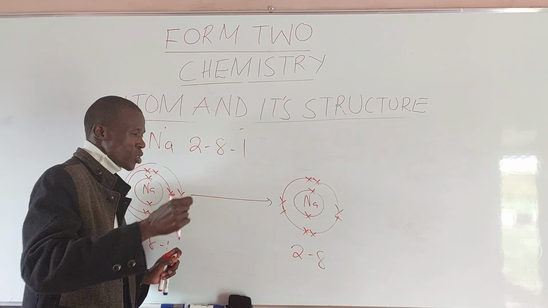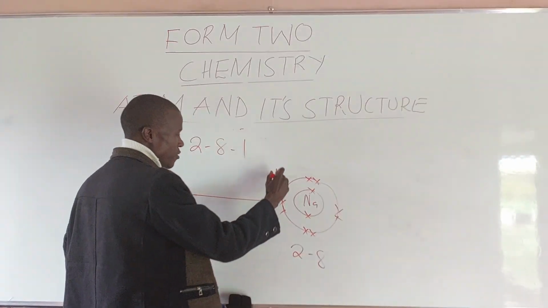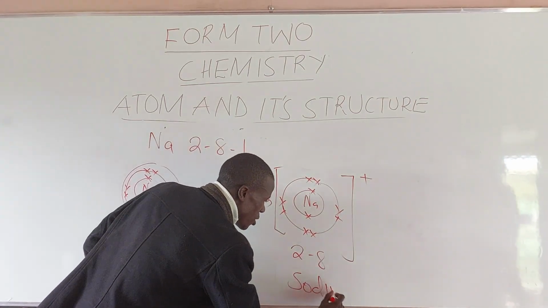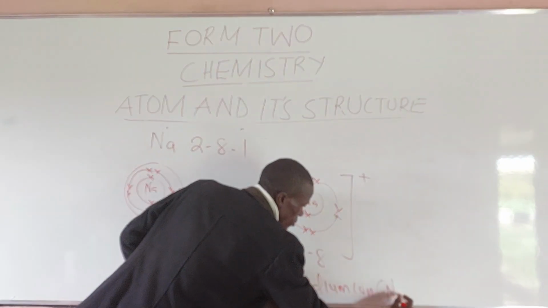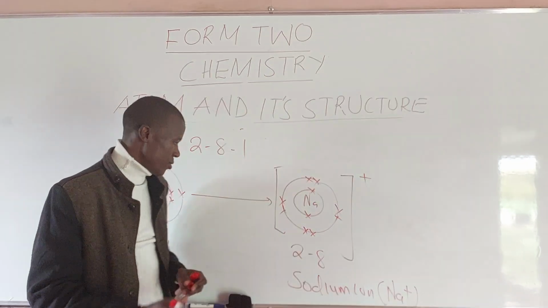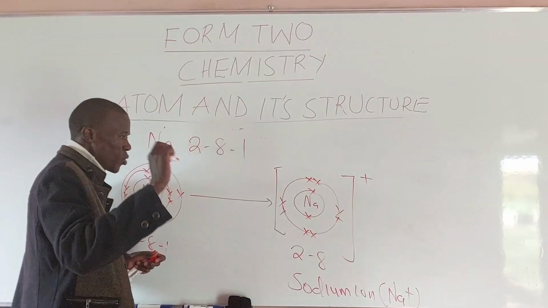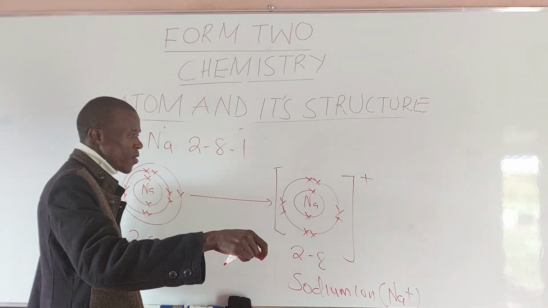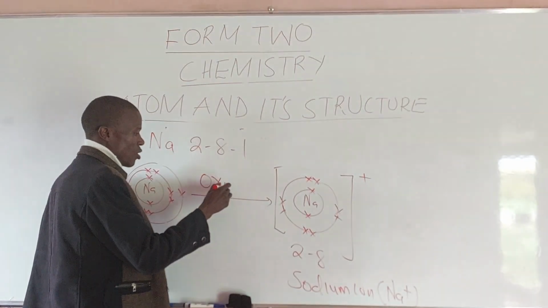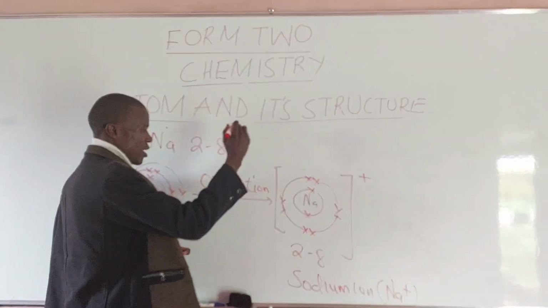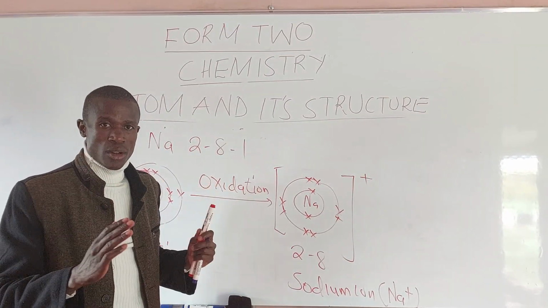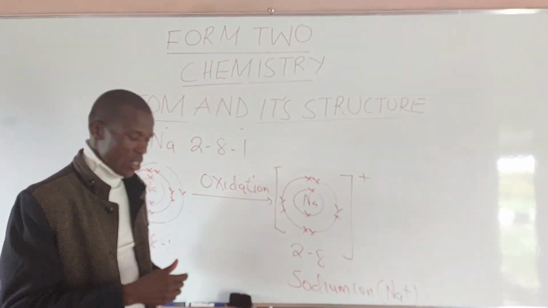And that one extra proton, being positively charged, is what gives the sodium ion a positive charge. So this is called the sodium ion. A positively charged ion is known as a cation. The process by which a metal forms an ion by losing an outermost electron is known as oxidation. Therefore, loss of electrons is known as oxidation, and this only happens for metals as far as ionization is concerned.